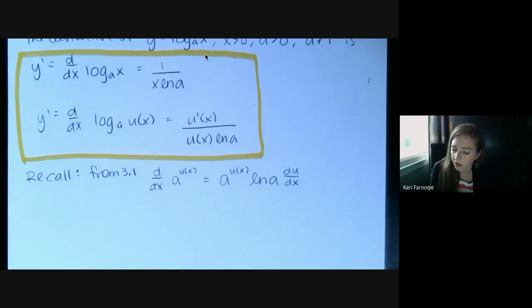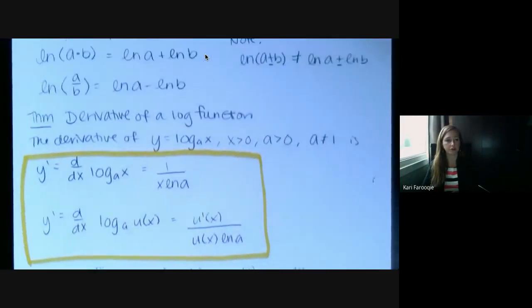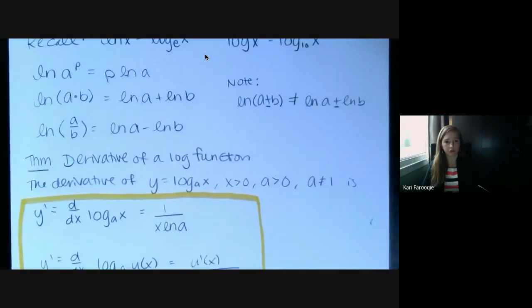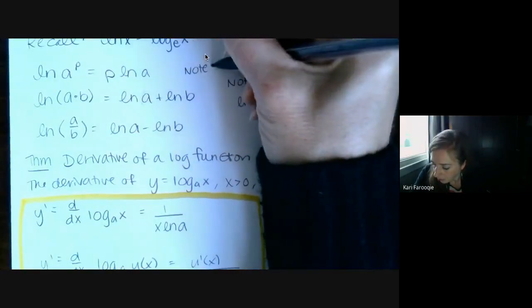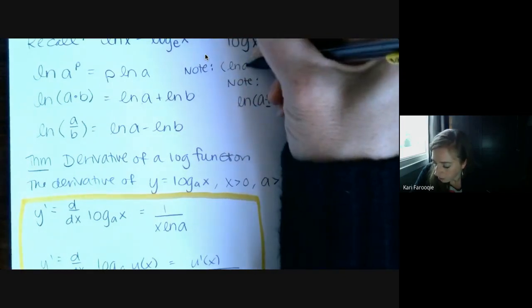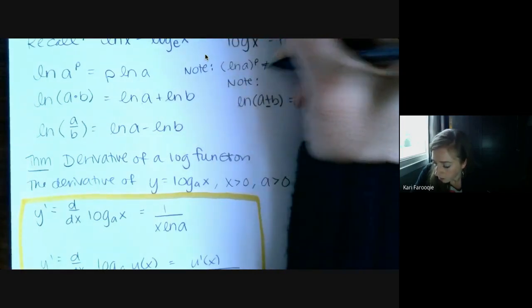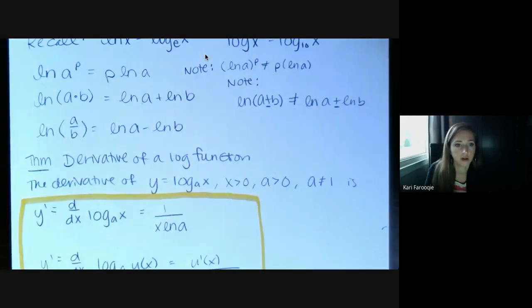Oh, you know what? I did have a note up here about this power rule for logarithms, and I kind of feel like I want to include it up here where I had the notes, don't do this thing. I also want to say that the natural log of a to the p is not equal to p times the natural log of a.